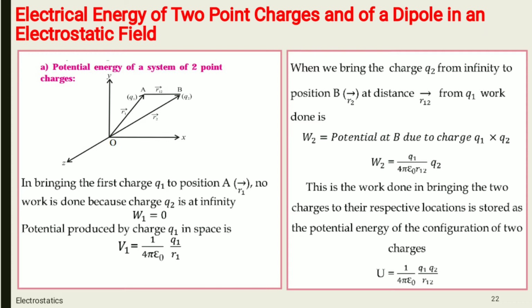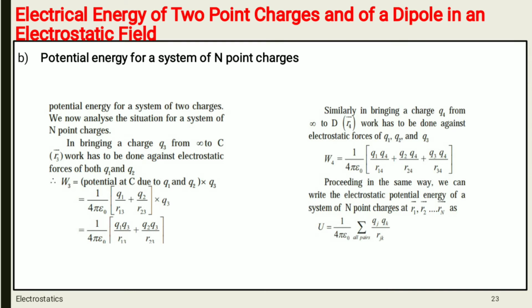Here Q1 is one charge placed at point A, Q2 is another charge placed at point B, and R12 is the position vector, or distance, between charges Q1 and Q2. This equation we are going to use now.